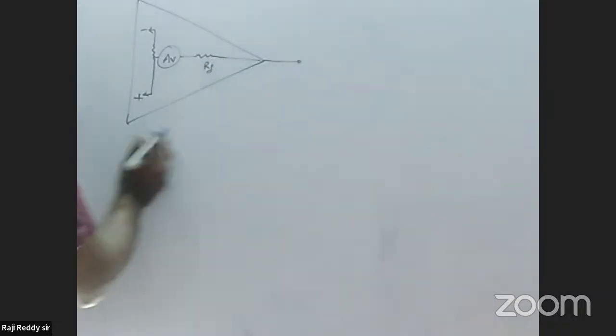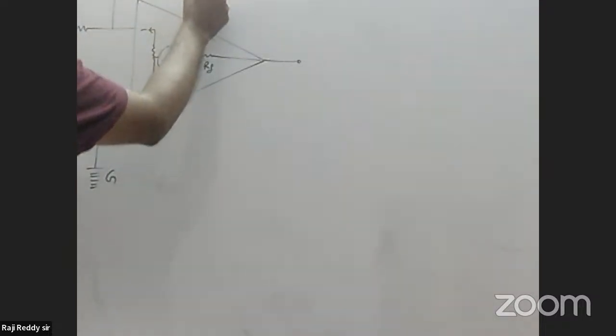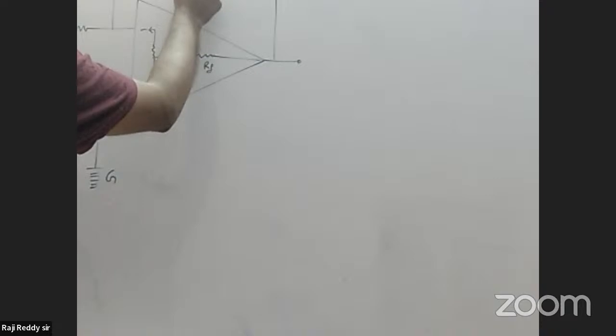This is the output. The positive terminal is connected to ground, and this is the input resistance. This is called the feedback resistance RF.